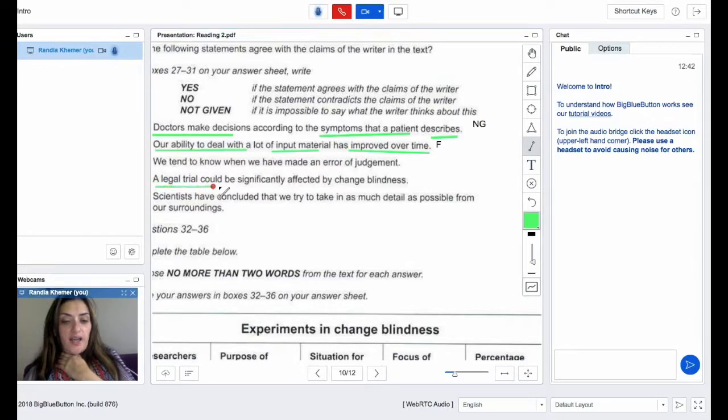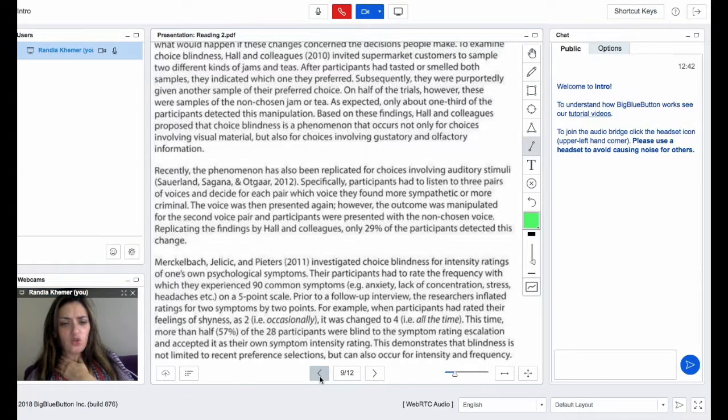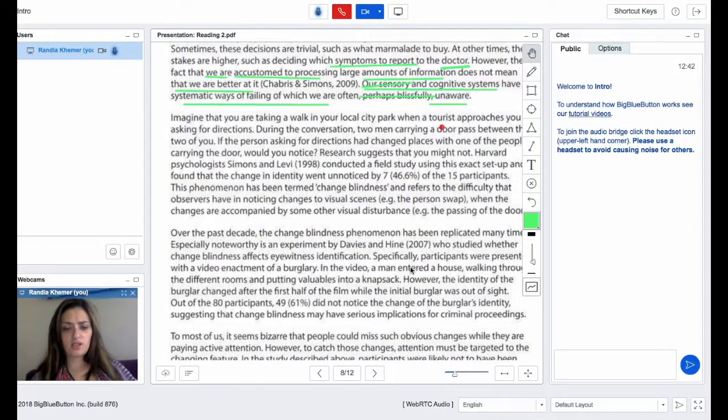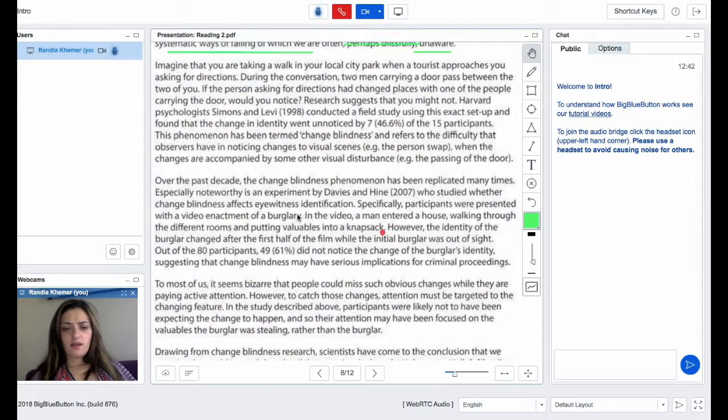A legal trial could be significantly affected by change blindness. So we want to look for a legal trial. This paragraph is talking about imagine that you're walking in your local area and a tourist approaches you asking for directions. This is an example of a tourist asking for direction, right? Here they started talking about change blindness. The phenomenon has been replicated many times.